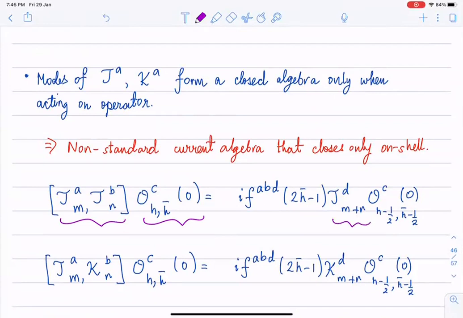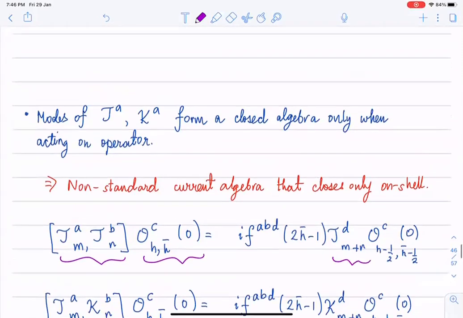So in a sense, this current algebra, which you get from the subleading conformal soft gluon theorem, is not a standard current algebra. Because the modes of the currents which define this current algebra don't close, but they do close when you act with these commutators on some conformal primary operator.